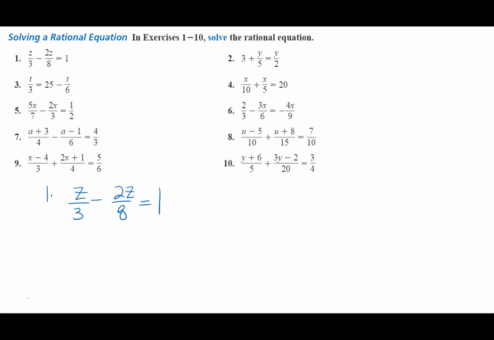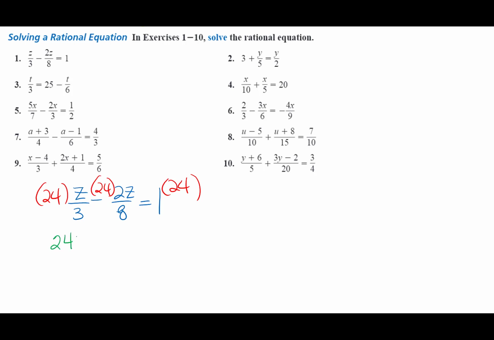The whole number 1 has a denominator of 1, but we can just focus on the denominators 3 and 8. 24 is the least common multiple, and so we're going to multiply each part of the equation by 24. The reason we can do that is because we're not leaving any part of the equation out. Every part is being multiplied by 24, and so it's still the same equation, it just looks different.